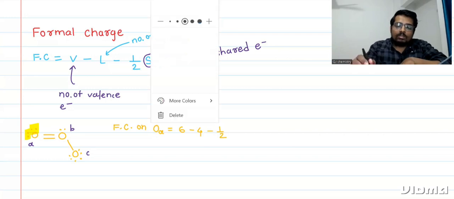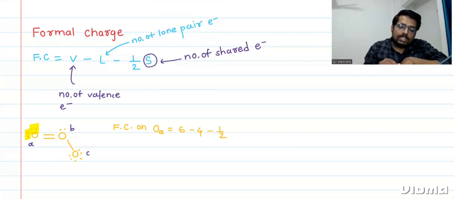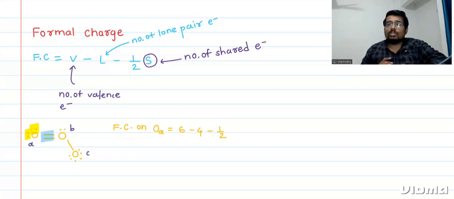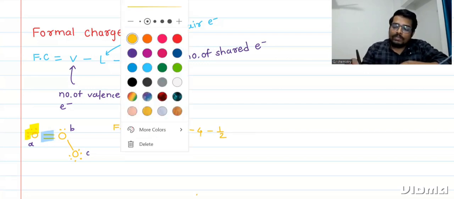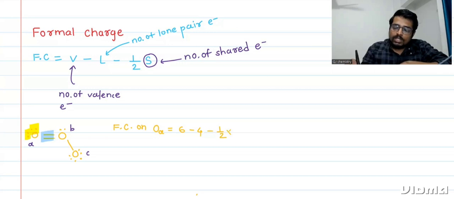The total number of bonds associated with oxygen A is 2 bonds. Each bond consists of 2 electrons, so the number of shared electrons is 4. So the formal charge on oxygen A is equal to 0.